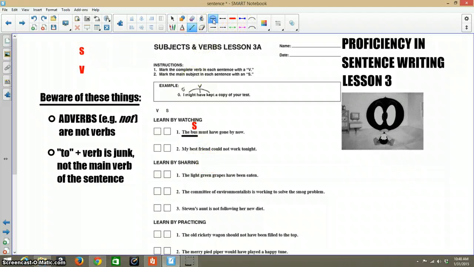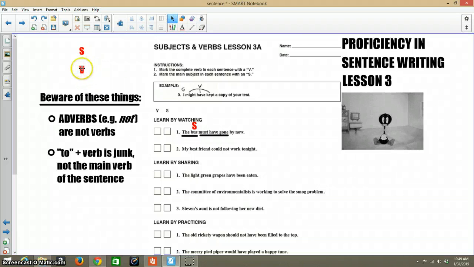The complete verb is what you have to identify here, and complete verbs are new to lesson 3. Lesson 2 just had one-word verbs. Lesson 3 has a multi-word verb, and so must have gone is the complete verb on number 1.